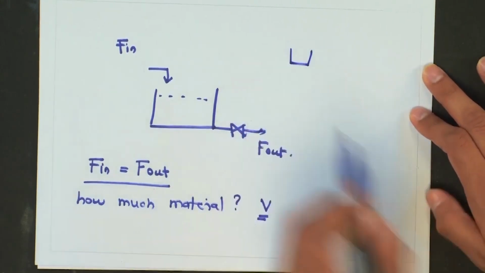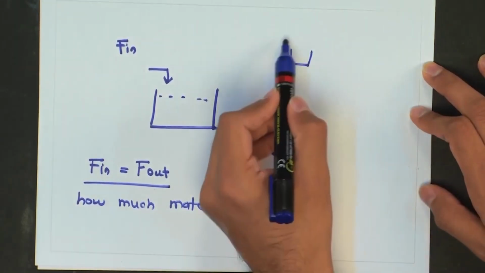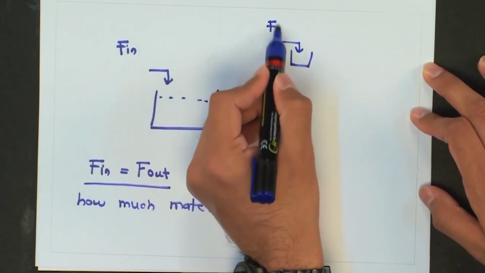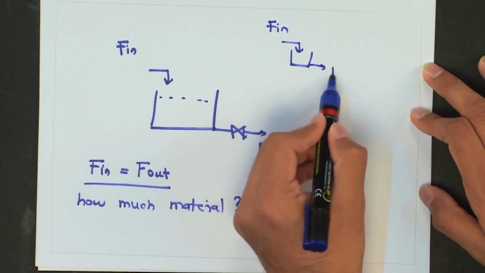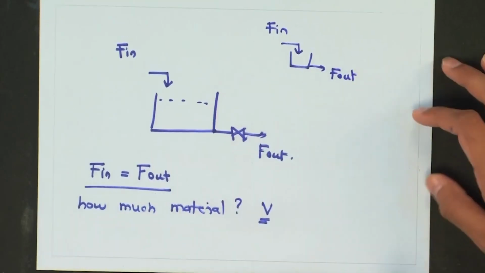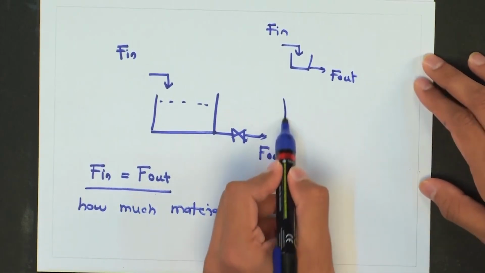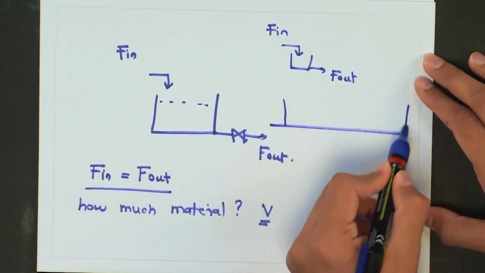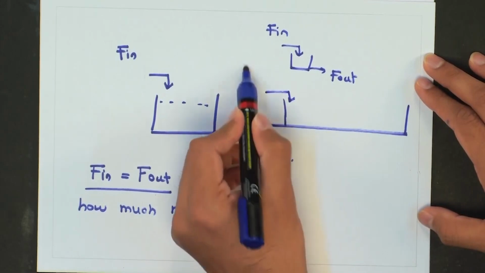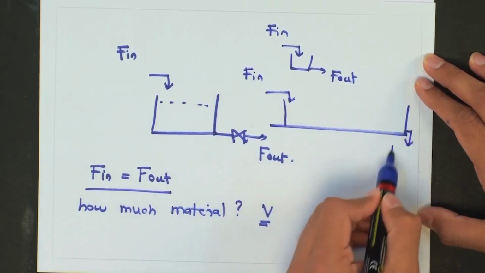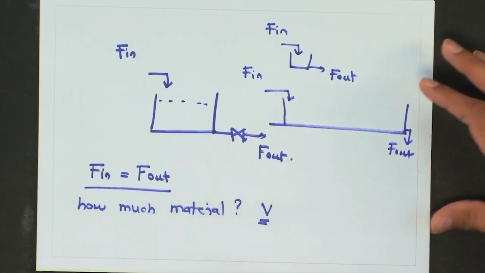It does not tell me what the volume of this particular tank is. The tank may be this small and still I can maintain the same F in equal to F out. The tank may be too big and still I can maintain the same F in equal to F out.